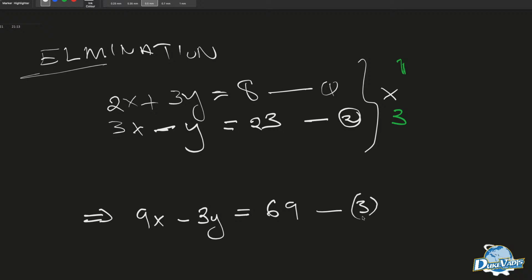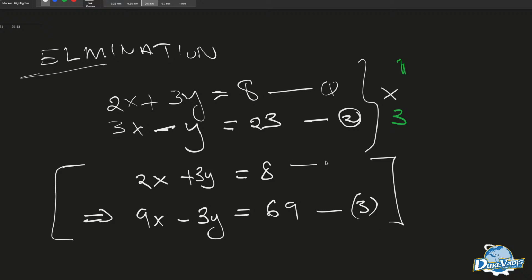The first one is 2x plus 3y is equal to 8. These are the equations. Now we add equation 1 to equation 3.